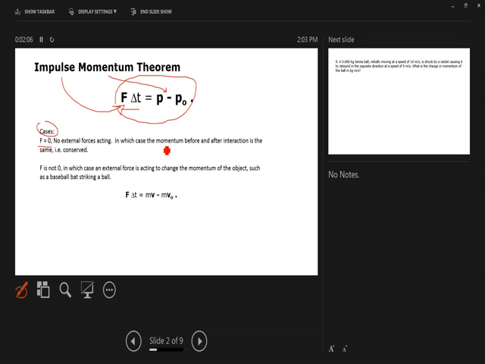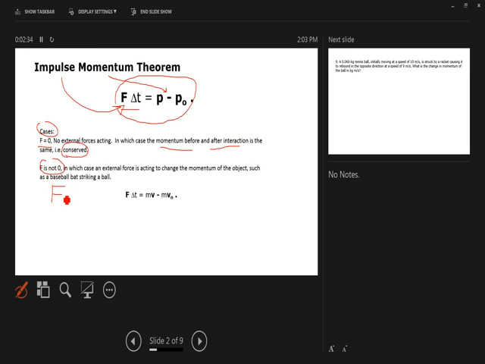In the case we're talking about primarily an interaction, perhaps two objects colliding together, so that the momentum before and after the interaction is the same. That's a conservation principle. We look for these conservation principles because they tell us about the rules that govern our universe.